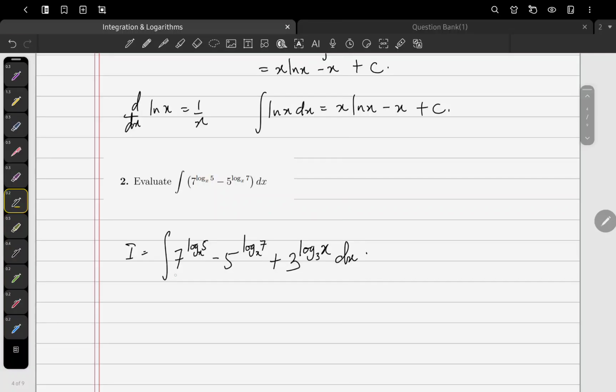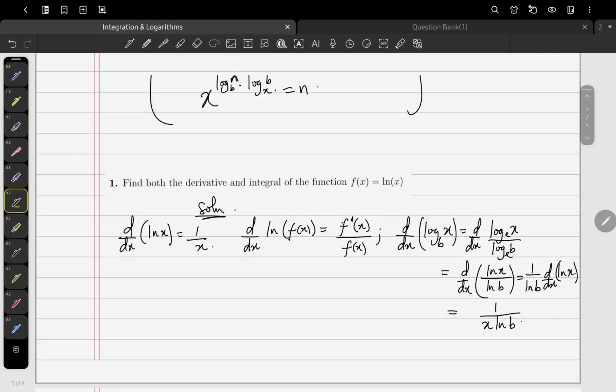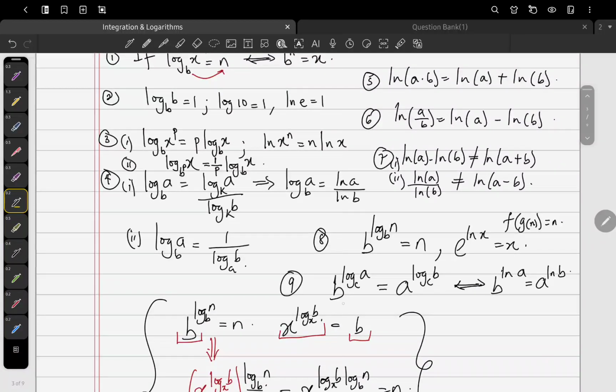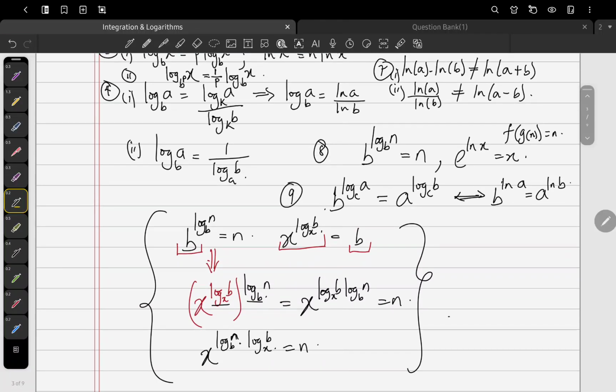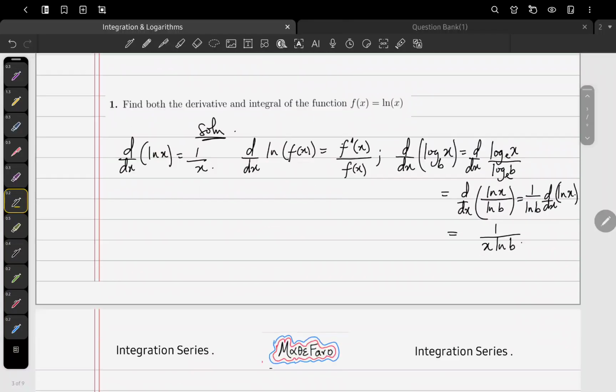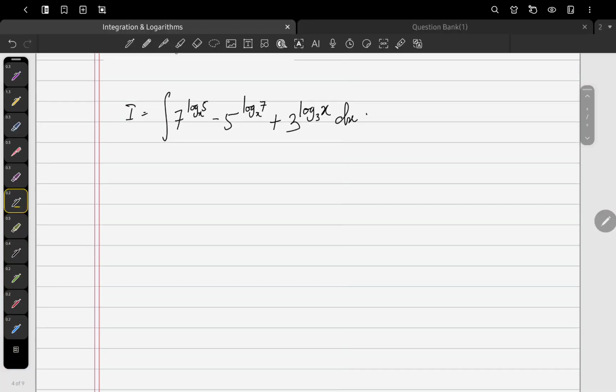So when you look at the first two terms, looking at our property 9, we have seen that b to the power of log a base c is the same thing as a to the power of log b base c. So such that a and b can switch places. So that means that the first summand and the second summand are actually the same thing.